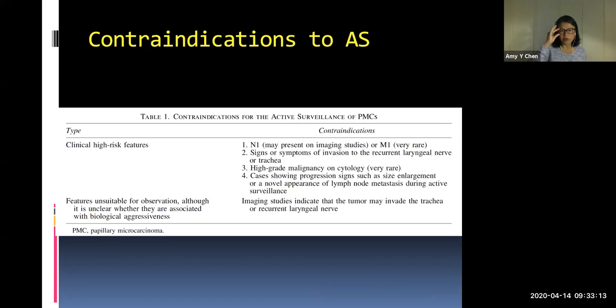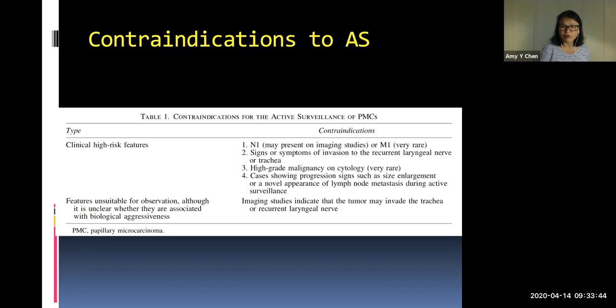And so there are some high-risk features that should not be considered for active surveillance. Obviously, if they have nodal disease or metastatic disease, they should not be observed. If there are signs or symptoms of invasion to the recurrent laryngeal nerve or trachea, so hemoptysis, hoarseness, signs of vocal cord paralysis by your examination, either by ultrasound or by nasopharyngeal laryngoscopy.